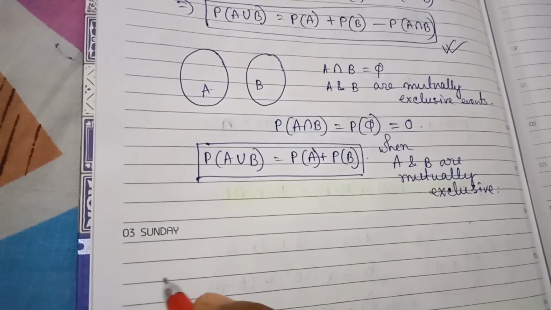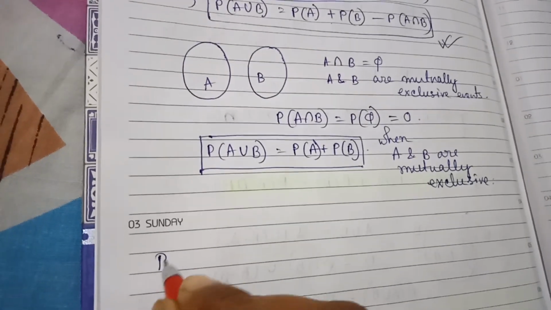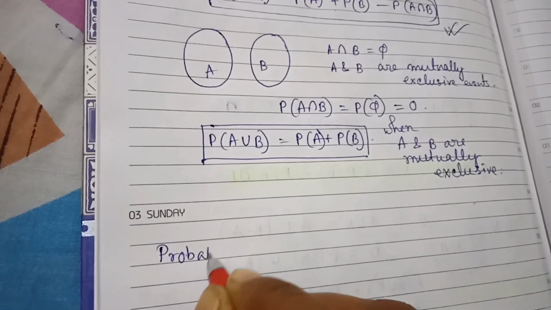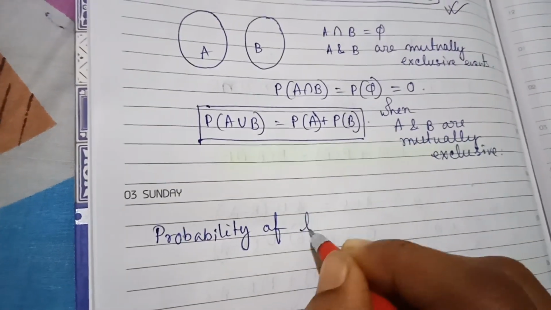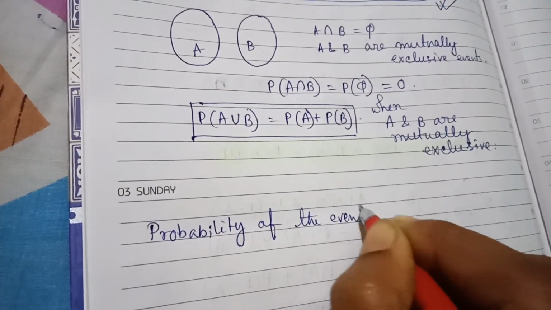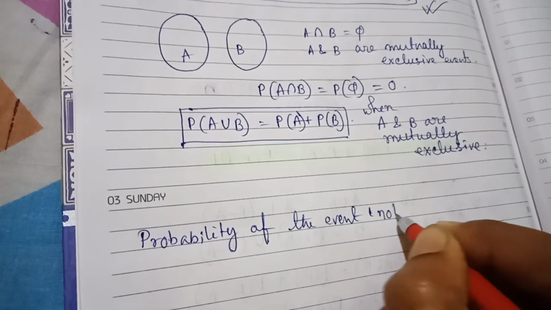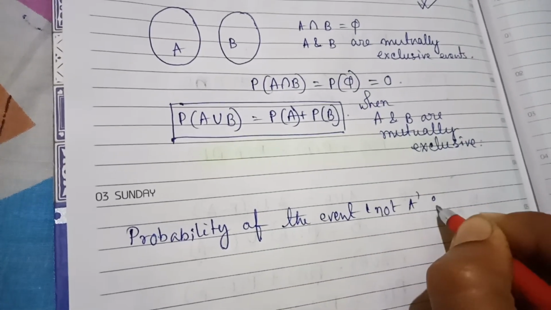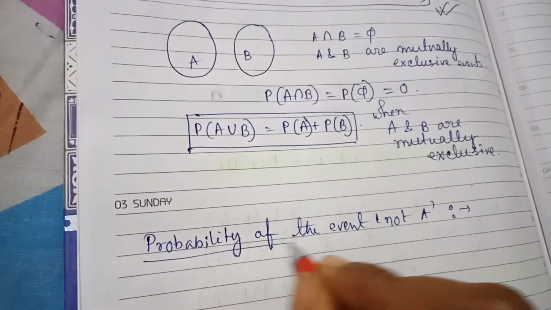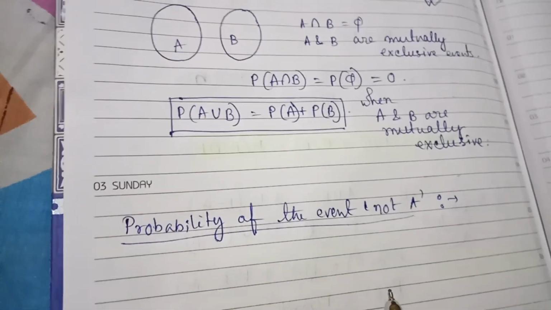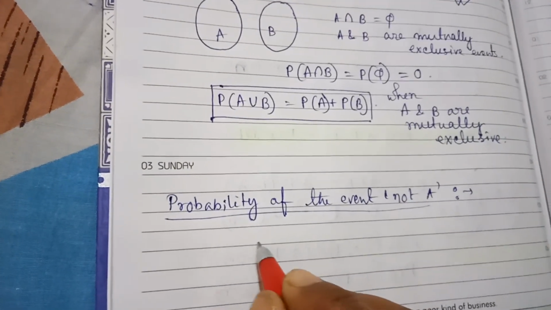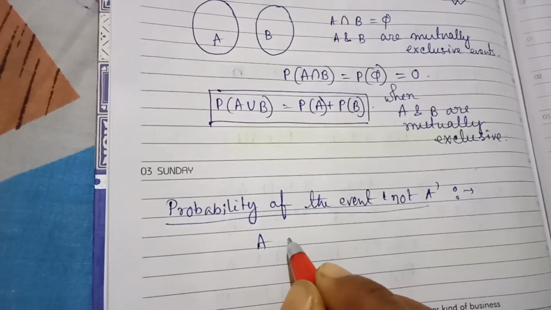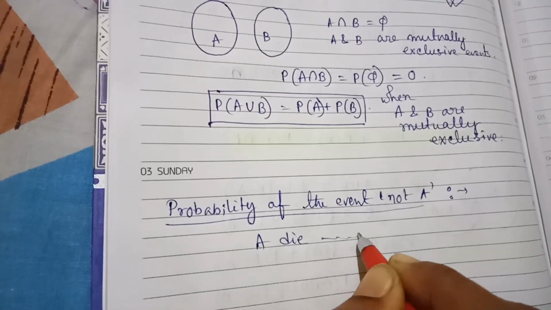Our next point is probability of the event not A. So for this, let's take one die is thrown.